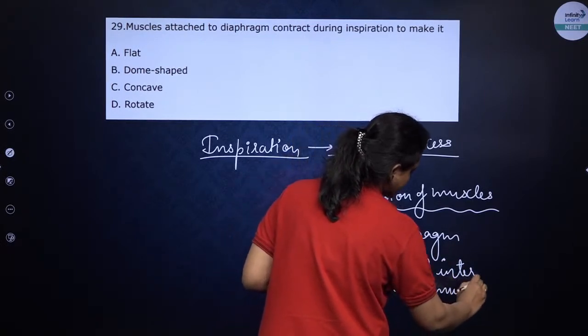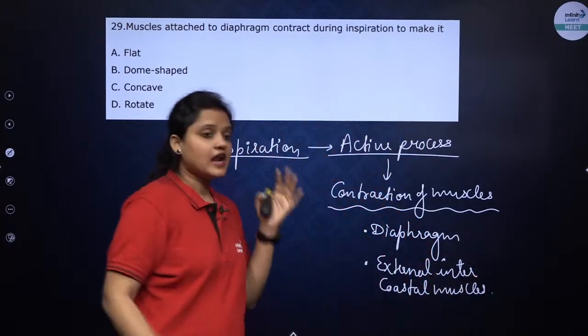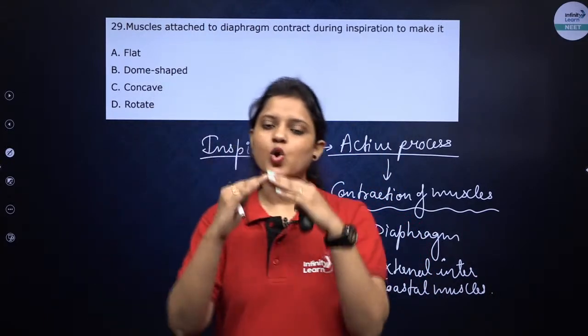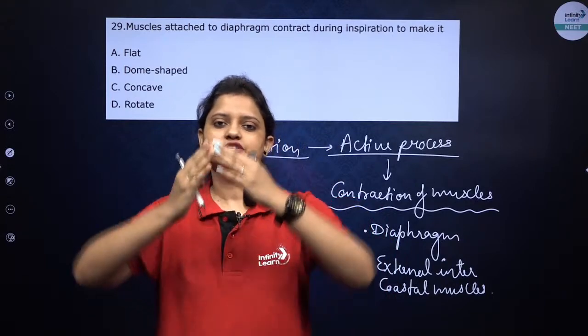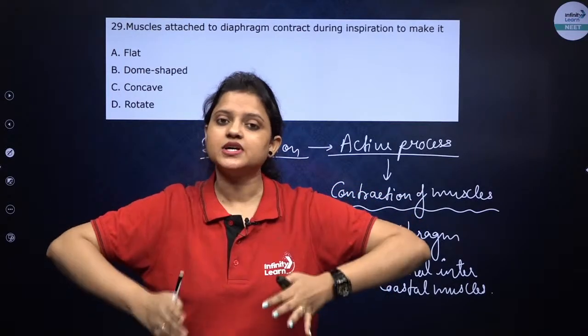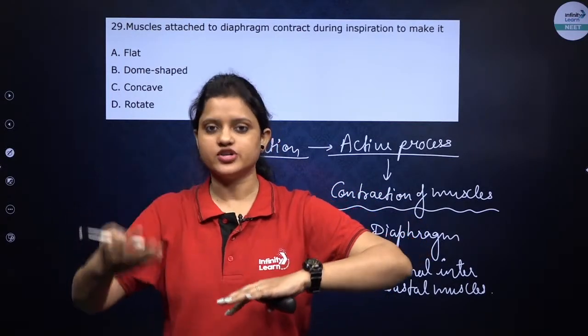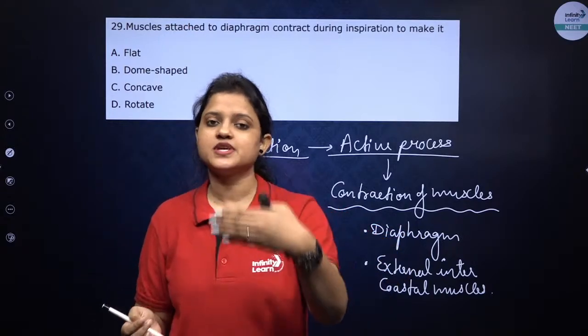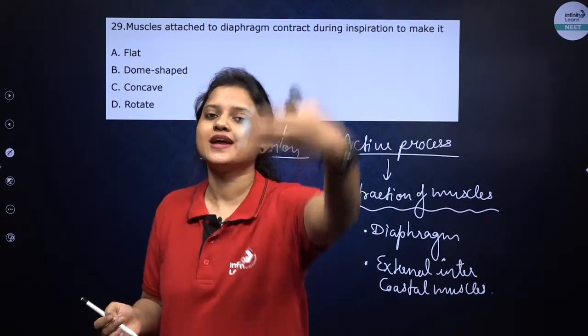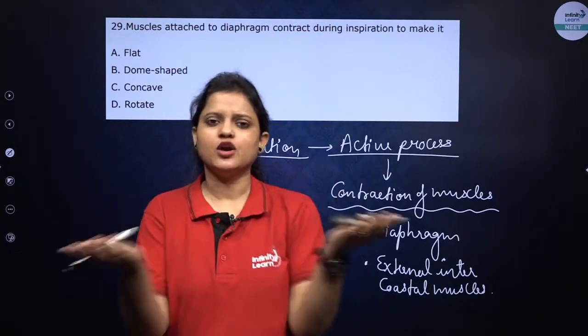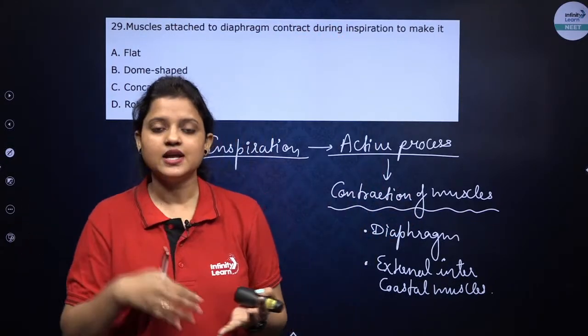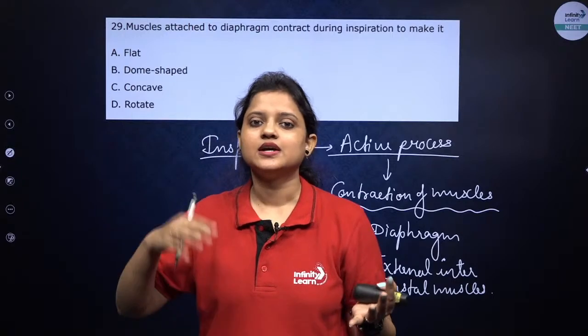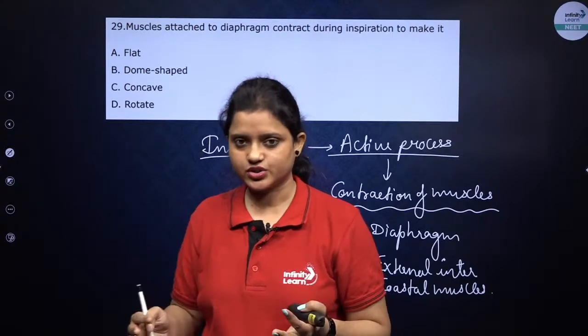Right? Now diaphragm is initially dome shaped, right? Due to contraction it will flatten. Similarly, external intercostal muscle will contract, and because of this your ribs and sternum will move outward and upward. So ultimately your lung volume will increase and it will lead to decrease in the intrapulmonary pressure, right?